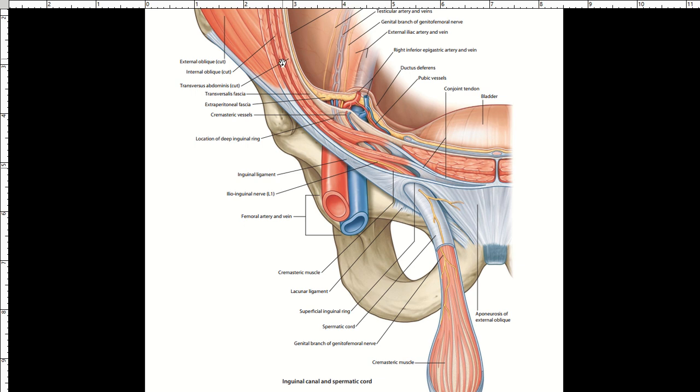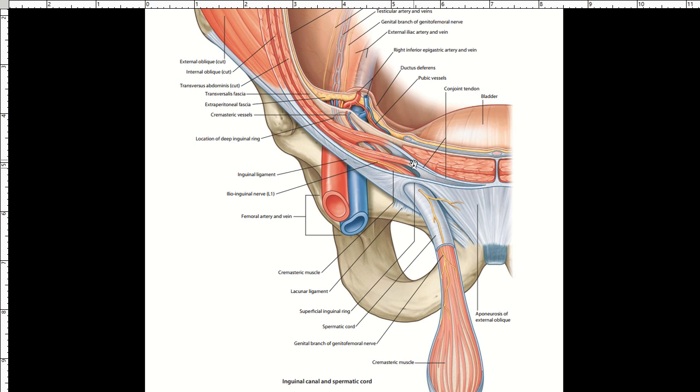Right. So in the roof, what are we going to find? You're going to have fibers of the internal oblique and fibers of the transversus abdominis forming the roof of the inguinal canal. Take note of this.